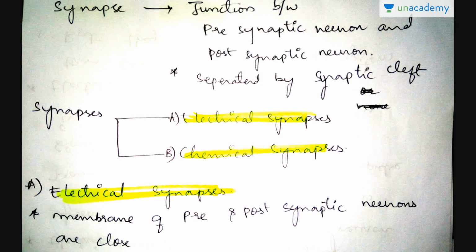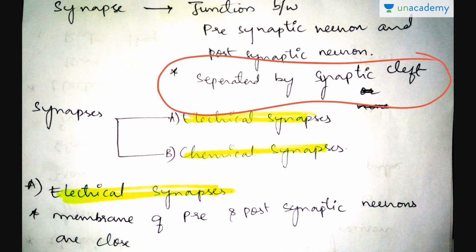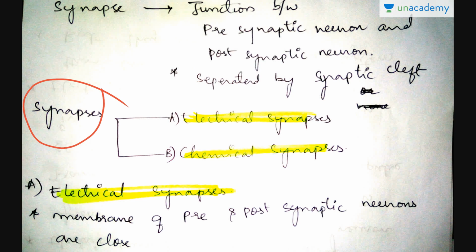A synapse is a junction between the presynaptic neuron and the postsynaptic neuron. They are separated by the synaptic cleft. Synapses are of two types, electrical synapses and chemical synapses. In electrical synapses, the membranes of pre and postsynaptic neurons are very close to each other.